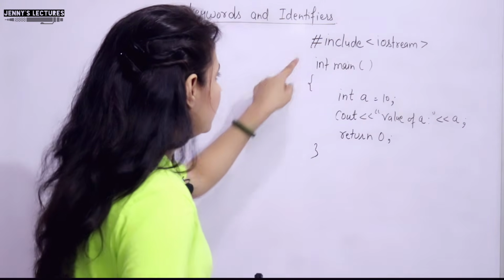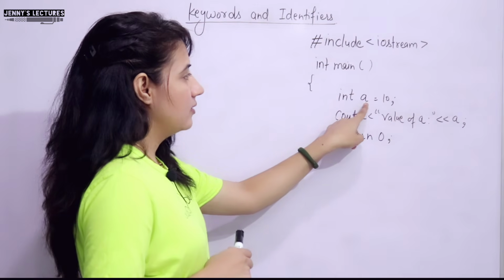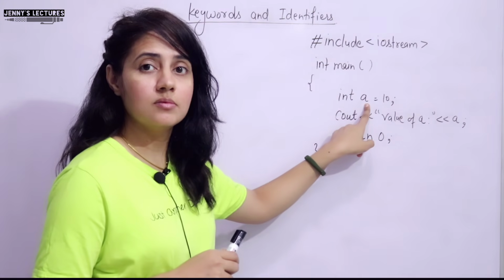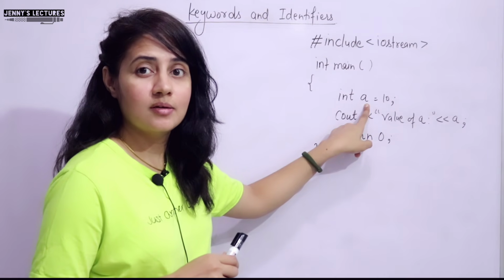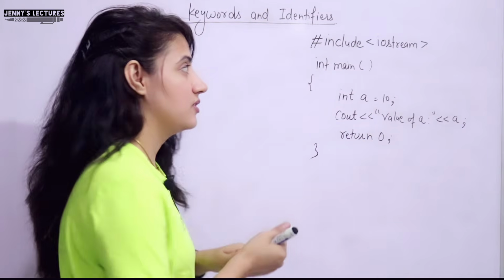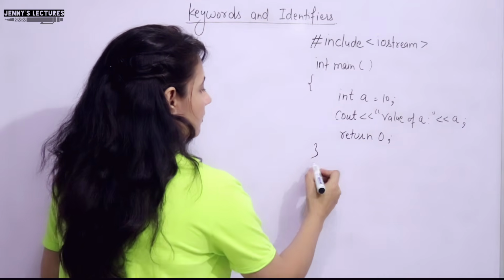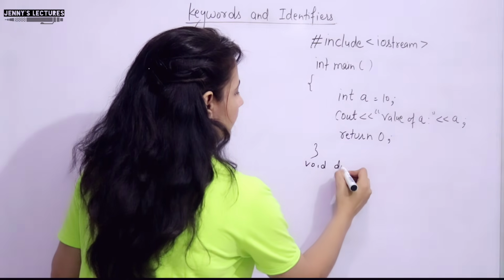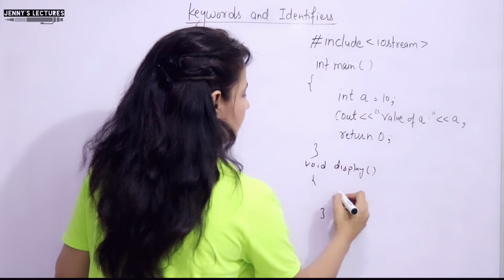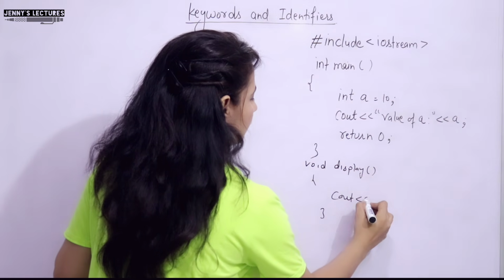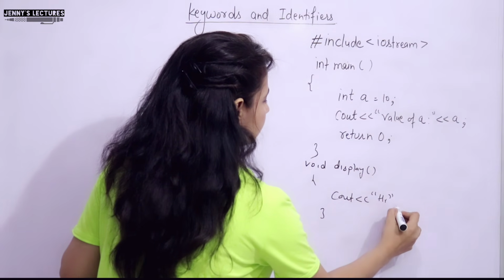In this program, int a, this a you will call a variable name. So this is nothing but an identifier. If I take a function in this, suppose I am taking a function void display, and we will define this function here. Suppose I am writing cout hi.